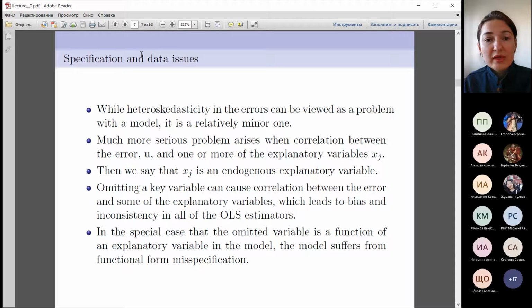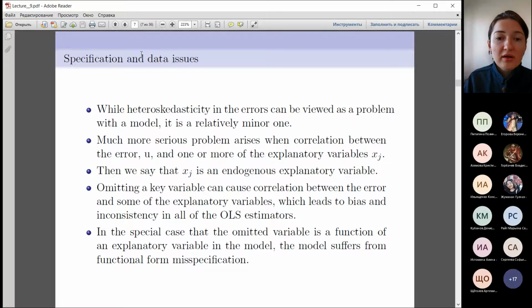So all our further discussion at this moment will be about a much more serious problem: correlation between the error term and the explanatory variables.